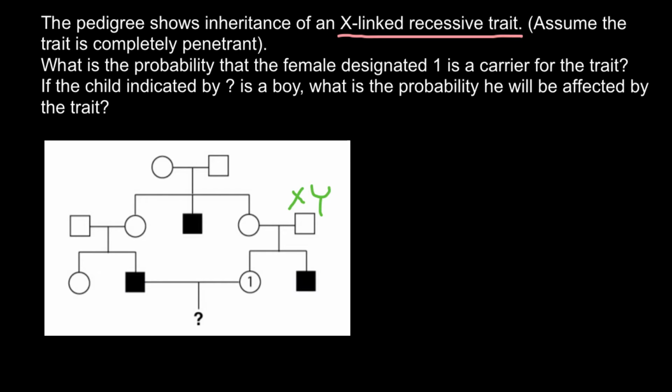But because her brother is affected, we can say that her brother has a defective X chromosome and a normal Y chromosome. And this defective X chromosome he got from his mother.